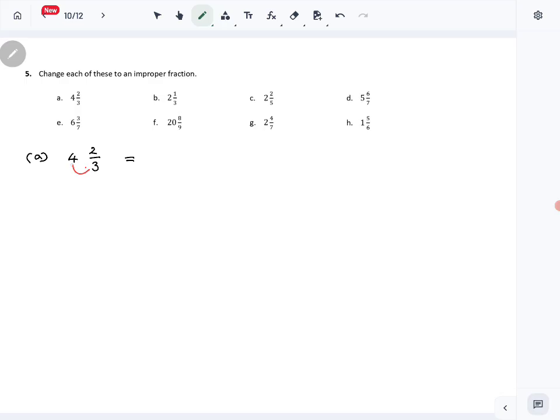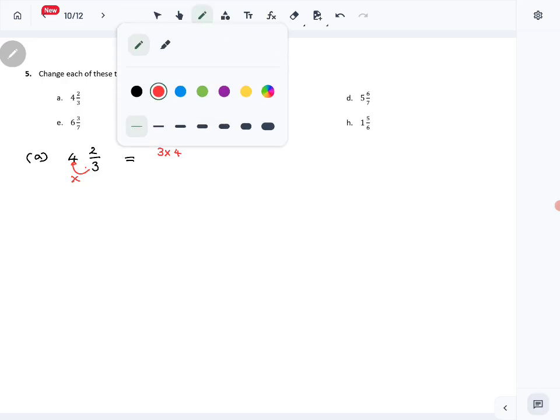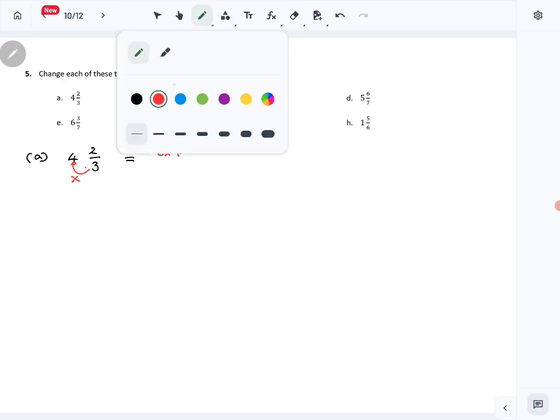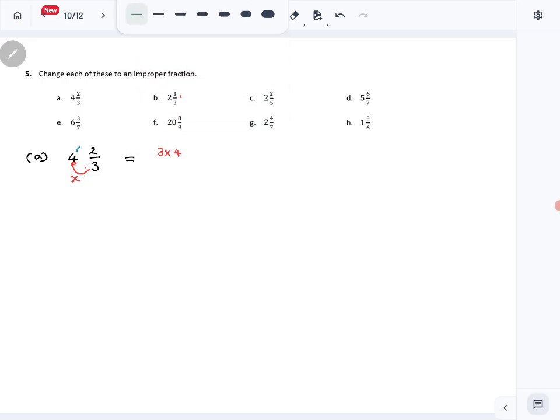So this is how you do it. You multiply the whole number by the denominator. So 3 into 4. Then to that you add the numerator part.